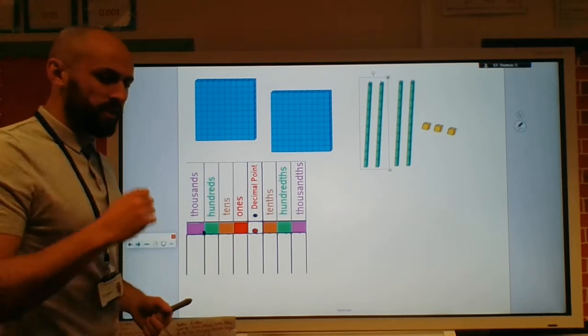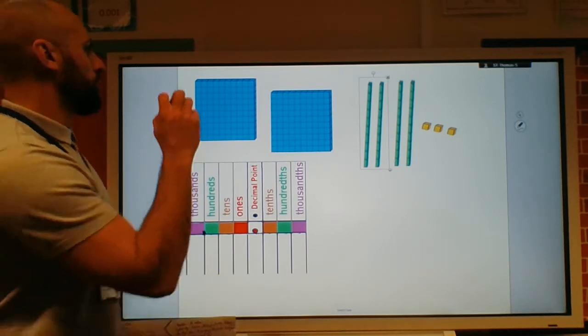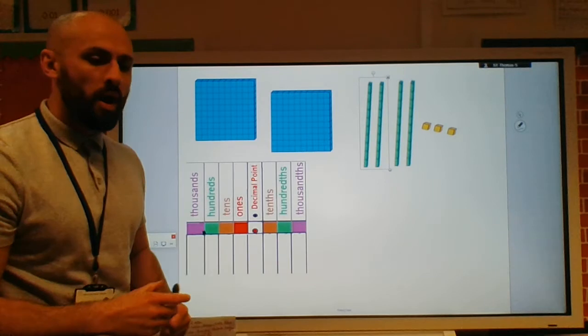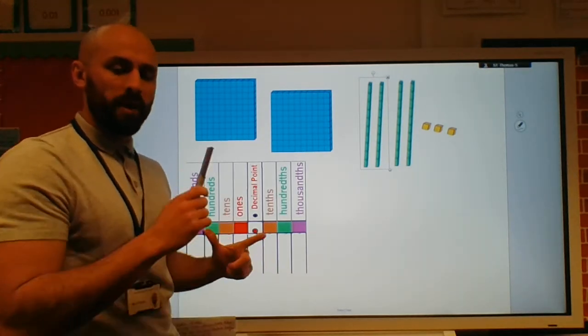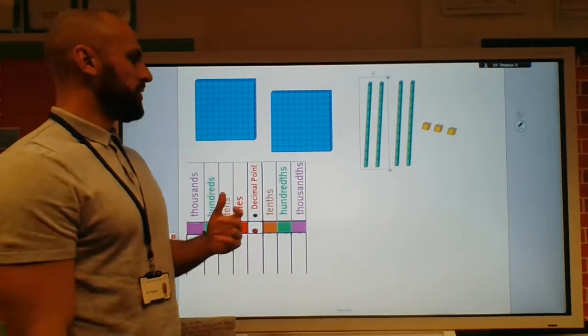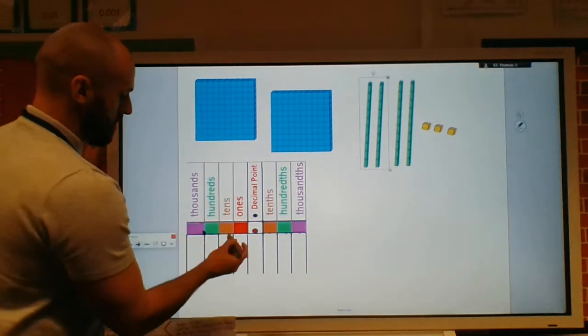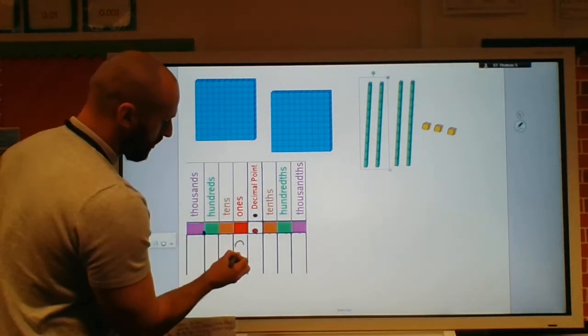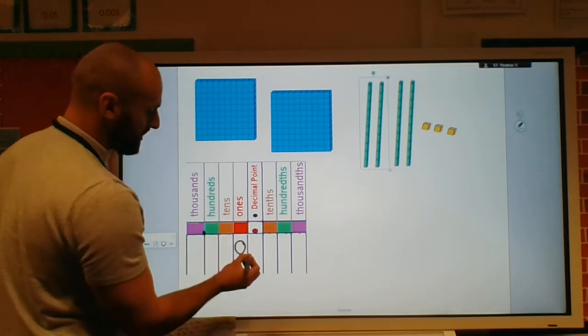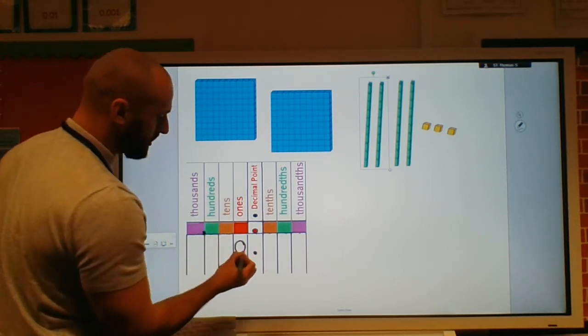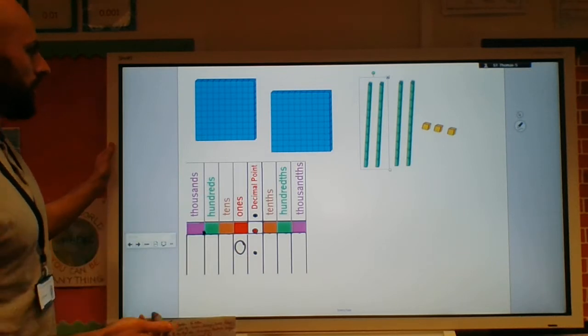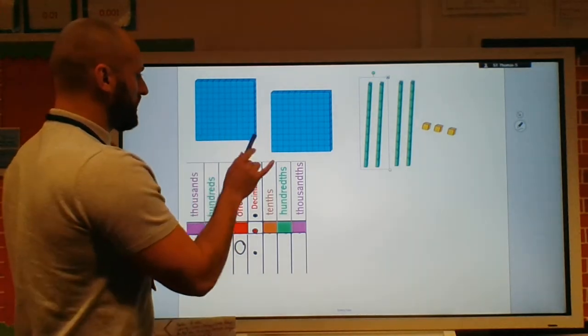So your task today is to write the parts of the whole as a fraction, a decimal fraction, and in words. So here, well, there were no whole numbers there at all. So I can put my 0 in and my placeholder there. So, do I have any tenths? Yes, I do.